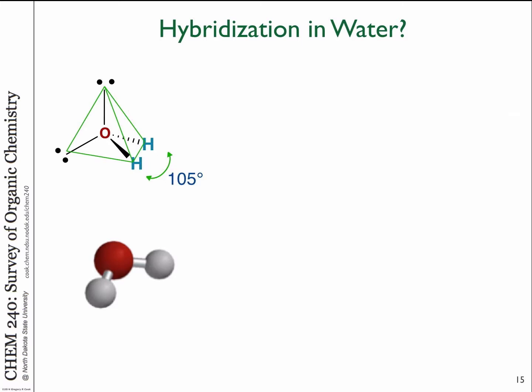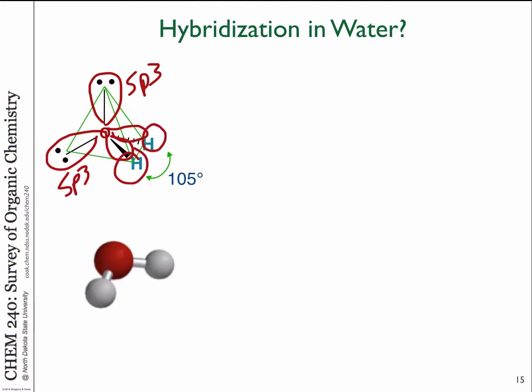So in this case, what we have is an sp3 orbital here, an sp3 orbital here, an sp3 orbital here, and an sp3 orbital there. It just happens that those happen to overlap with the hydrogens. Okay, make sense?